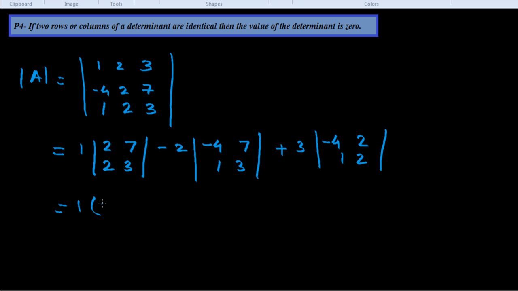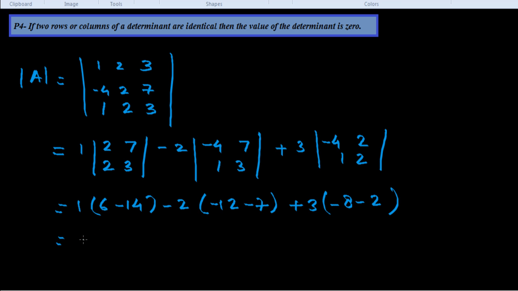Here 3 times 2 is 6 minus 14, it is minus 8, and minus 12 minus 7 is minus 19. Minus 4 minus 2 is minus 10. So we get here 1 into minus 8, minus 2 multiplied by minus 19, plus 3 multiplied by minus 10. So we get minus 8, plus 38, and minus 30.